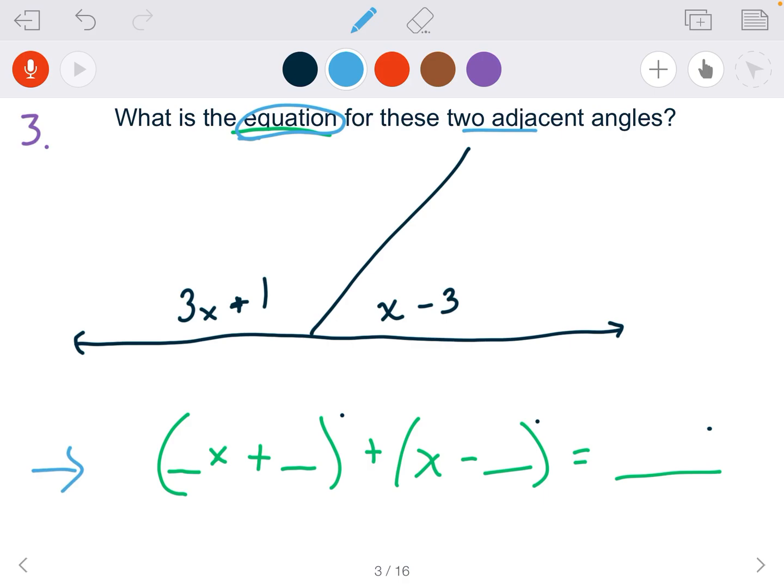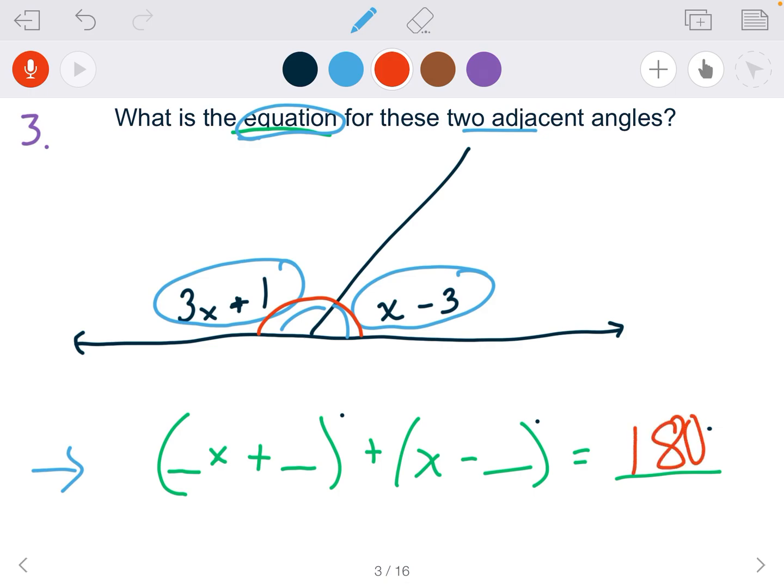You're going to see fill in the blanks. So let's look. We know that one angle is 3x plus 1. We also know that the second angle is x minus 3. And if I would do those both together, notice I would have a straight line, so it has to equal 180 degrees.